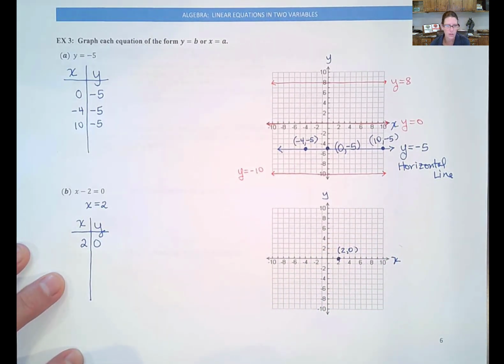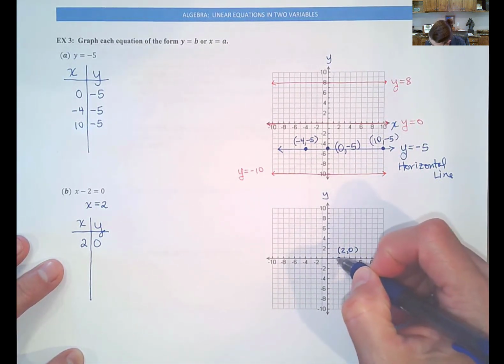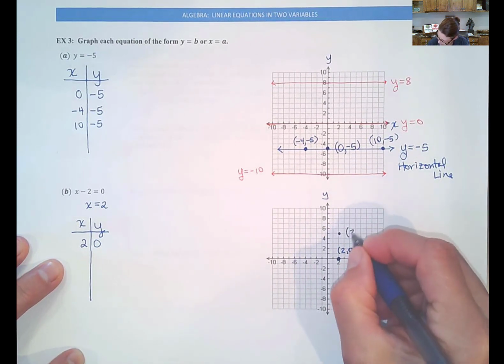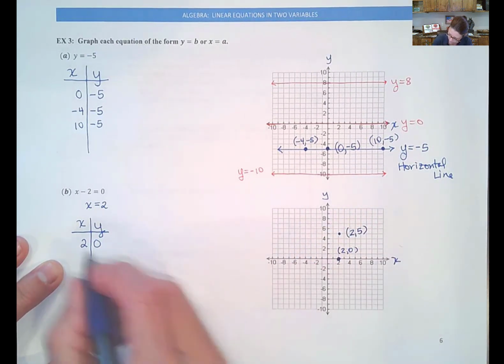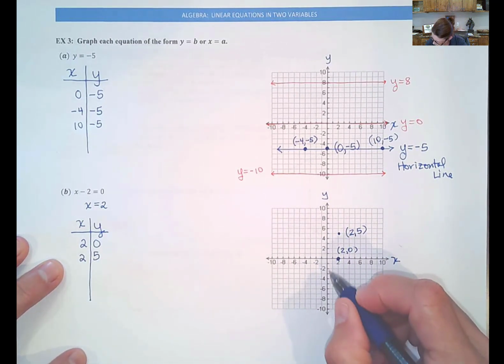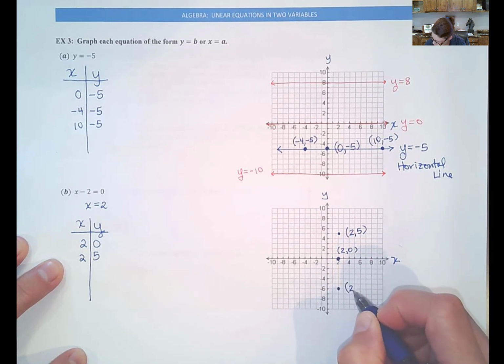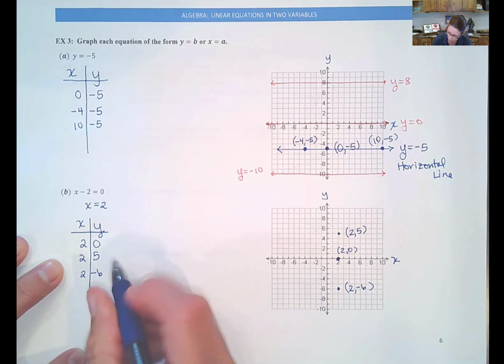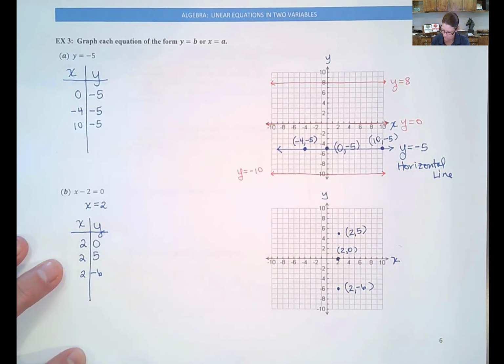There's a solution. Now find another point with an x value of 2, like maybe (2, 5). There's another solution. Find another point with an x value of 2, like maybe (2, -6). So y can be any number, but x stays constant at 2.